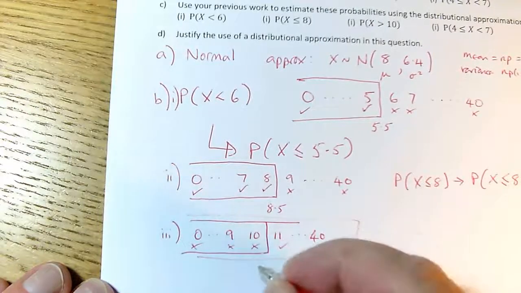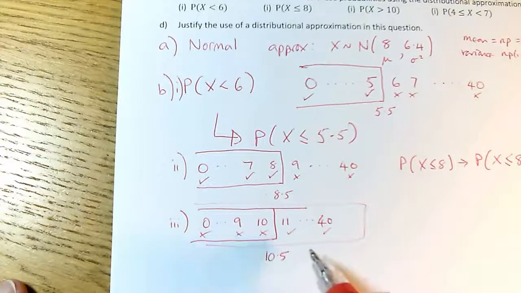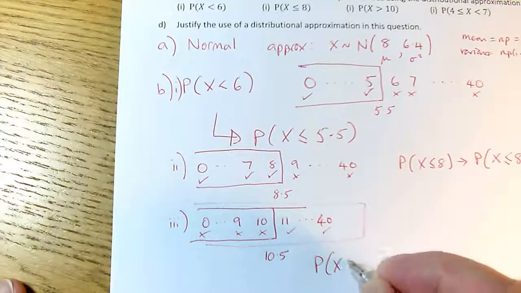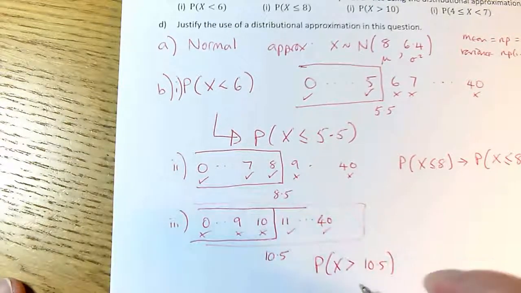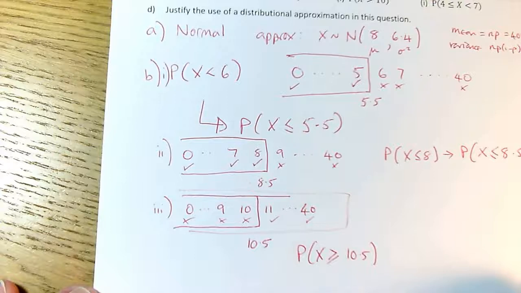So the cutoff is at 10.5. So the probability you'd actually need to work out from your normal is the probability of x being greater than 10.5. Or if you prefer, greater than or equal to 10.5. Once you're into a normal, it doesn't matter, but your continuity correction is 10.5.